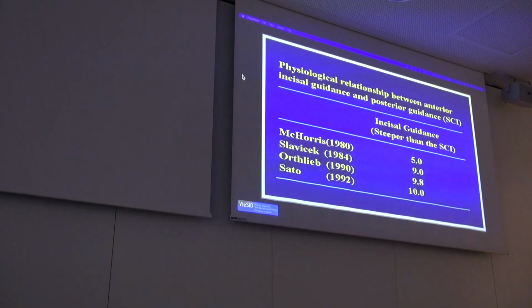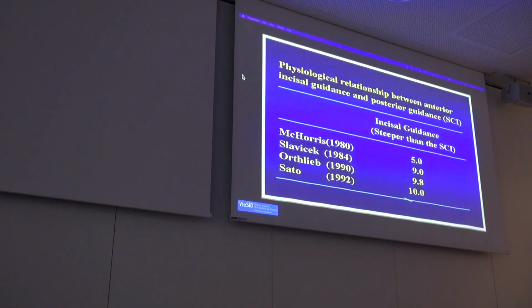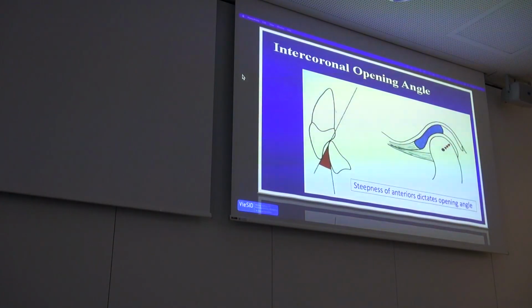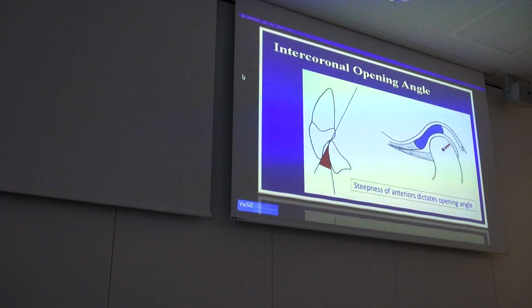What's interesting when you look back at the research is many people have talked about this physiologic relationship between incisal guidance and posterior guidance. One of the best ways to prosthodontically mess up your patients, and I mean this sincerely, is to make the front teeth too steep and not take into account the intercuspal opening angle.